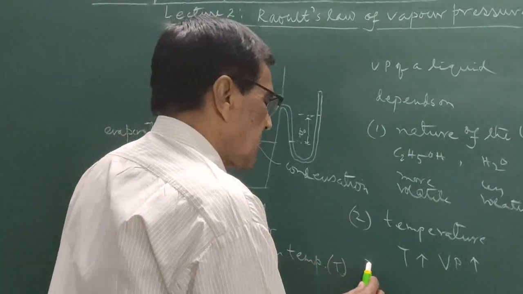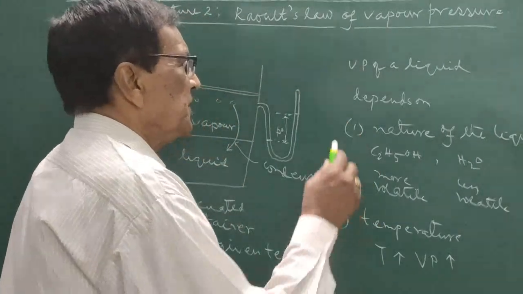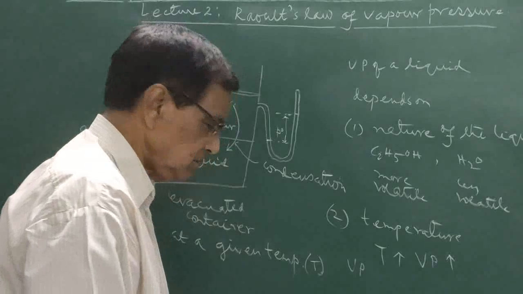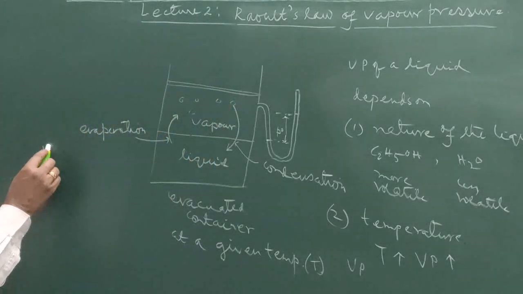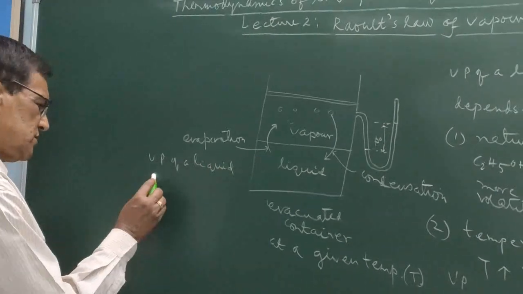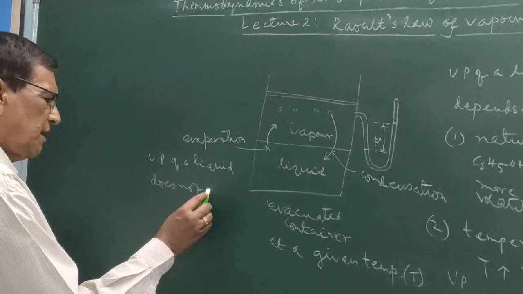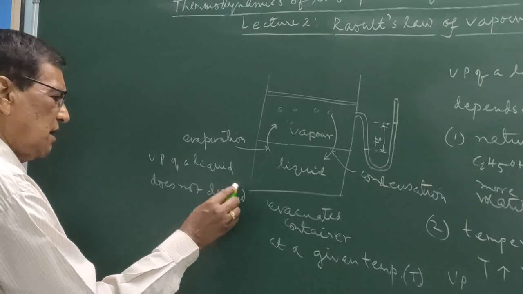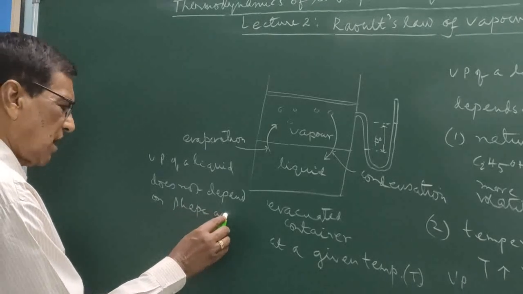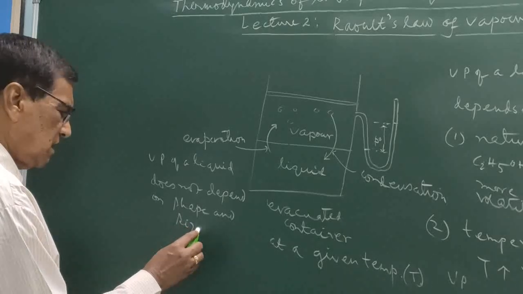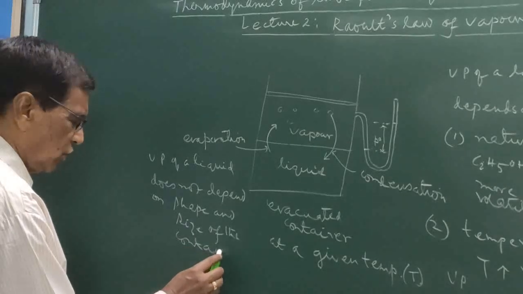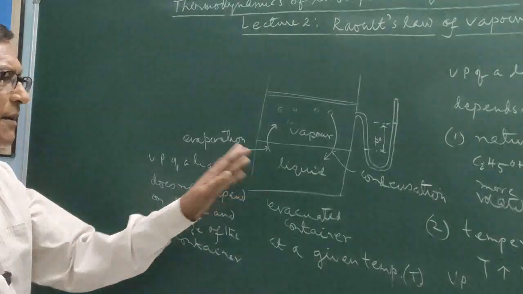And very strikingly, we can say the vapor pressure of a liquid does not depend on the shape and size of the container, the shape and size of the container in which this liquid has been kept.